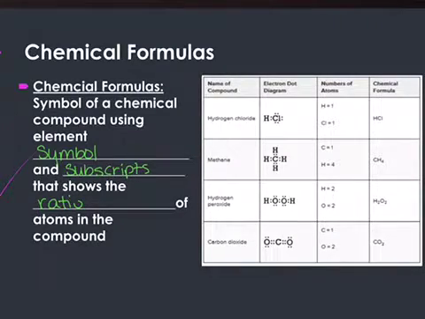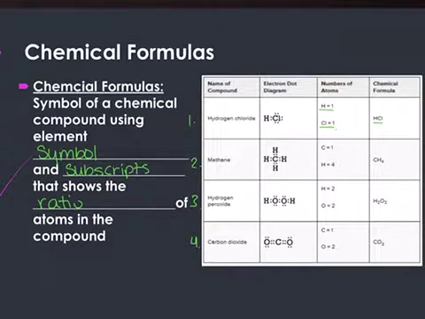So if we look at the table, we have 4 different compounds, 1, 2, 3, and 4. And each compound shows us their dot diagram, their electron dot diagram. And it shows us the number of atoms of each, and then its chemical formula. So hydrogen chloride has 1 hydrogen and 1 chlorine, so the chemical formula is HCl.